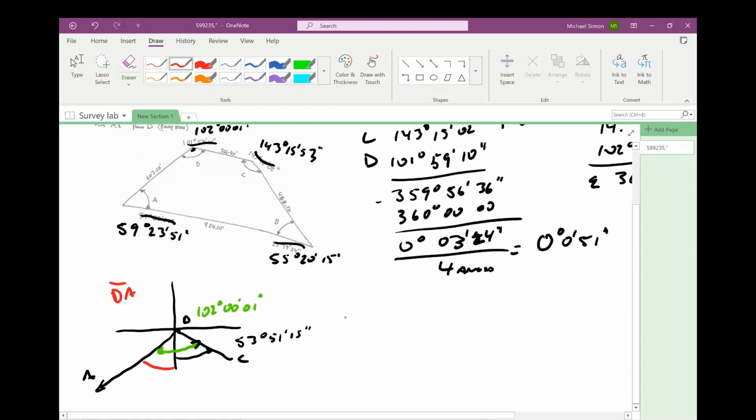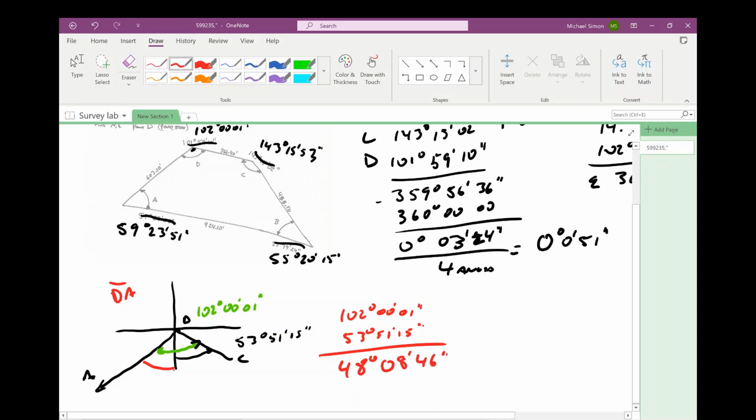So DA will be the difference between 102, 0001 and 53, 51, 15. So 102, 0001 minus 53, 51, 15. And I get 48 degrees, 08 minutes, 46 seconds.